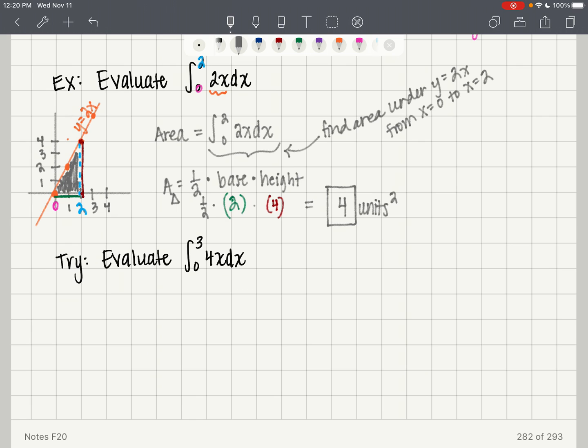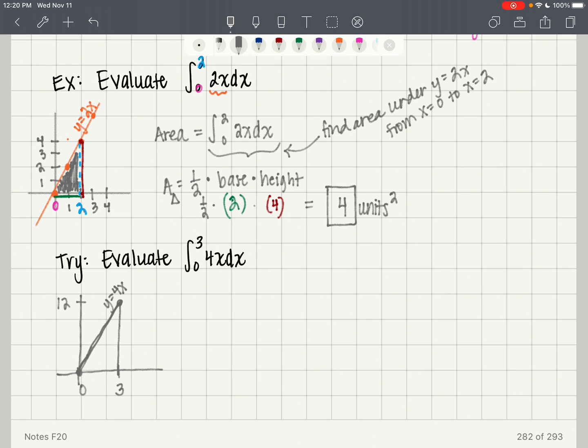So here's one for you to try. Okay, you should have from 0 to 3, and then going as high as 12. And this is y equals 4x.